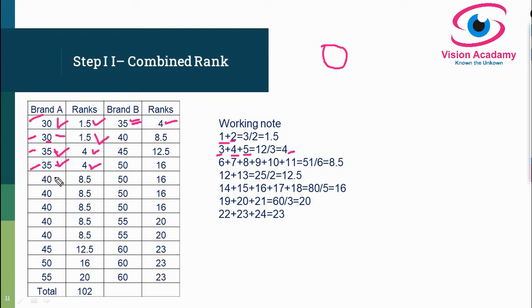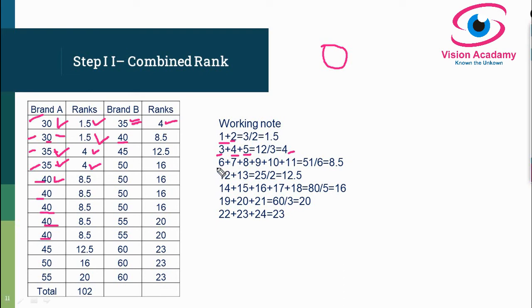Next value I will consider is 40. Since the fifth position is over, the 40 positions start at sixth. So this is sixth, this is 7th, this is 8th, this is 9th, and this is 10th. In brand B also one 40 value is here, and this is 11th.